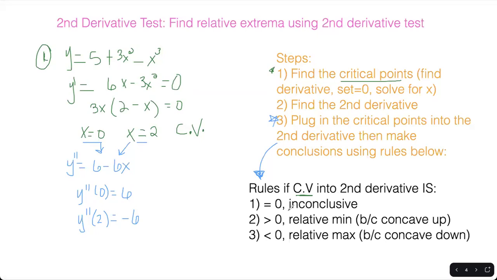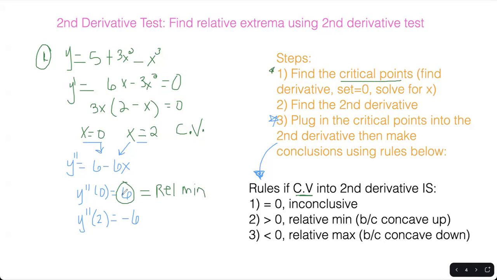Now, if the value is greater than 0, and in this case, this one was greater than 0 right here, the 6 was greater than 0, that means at 0 we have a relative min. So this will be a relative minimum. Now, you're thinking, why is it a relative minimum because it's a positive value?